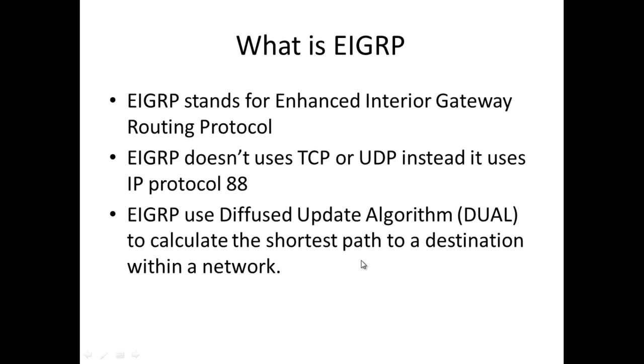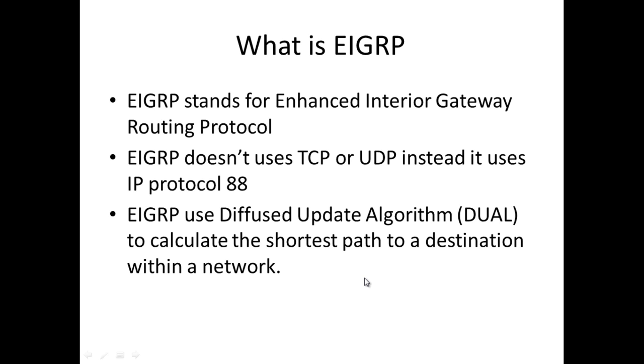So let's start. What's EIGRP at the beginning? EIGRP stands for Enhanced Interior Gateway Routing Protocol. Actually, EIGRP doesn't use any TCP or UDP. Instead, it's using IP protocol number 88. EIGRP also is not a distance vector nor an OSPF protocol or a link state protocol.